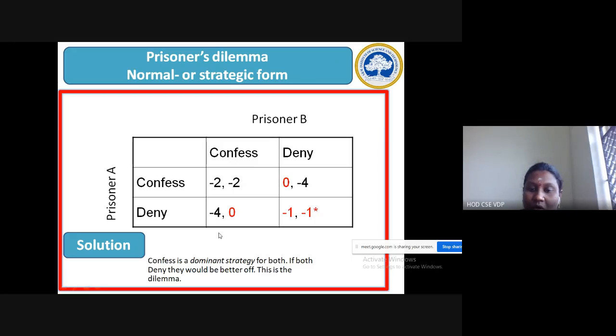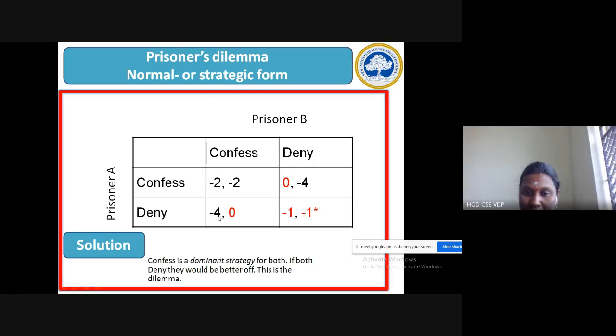Now, what are going to be your dominant strategies? How do you arrive at this particular value? That is what you have to find out. Coming to this first row, check for prisoner A these two values. Whichever value is higher, you just mark it in red, or you just select that particular value. Here the value is 0 comma -2, so 0 is higher.